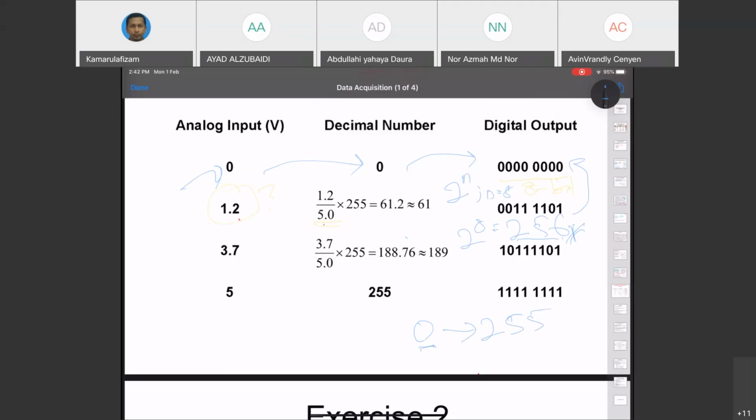If you include 0, you get from 0 to 255. That's why you are looking at this full scale value of 255.